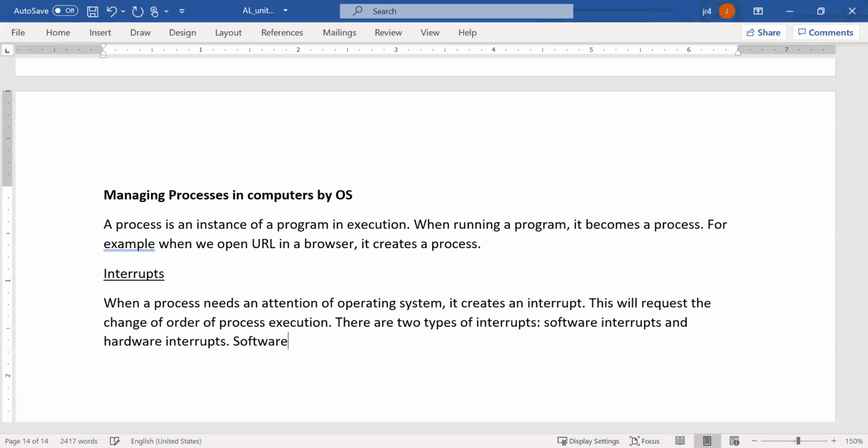Software interrupt means sending an interrupt message by another process.